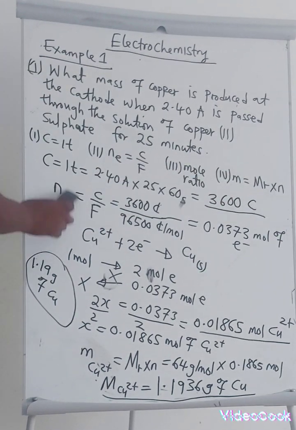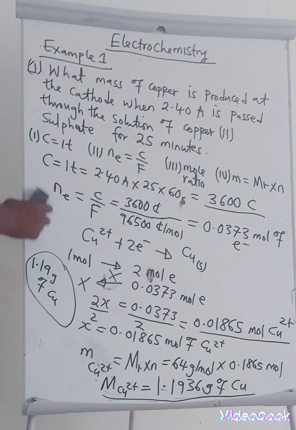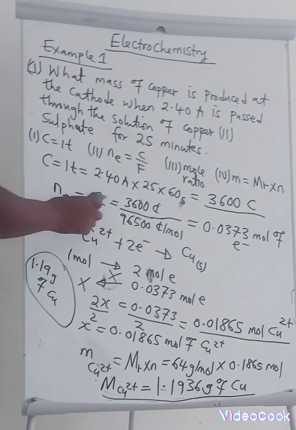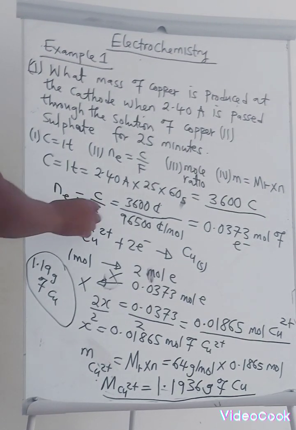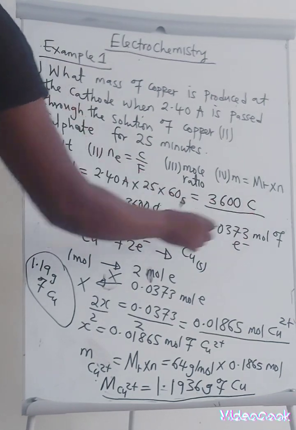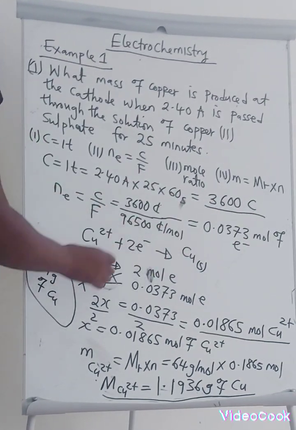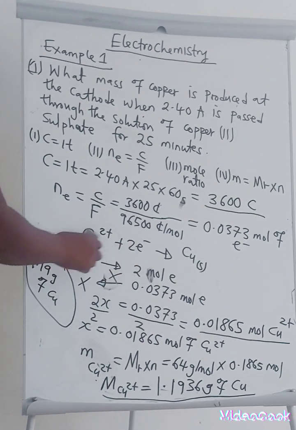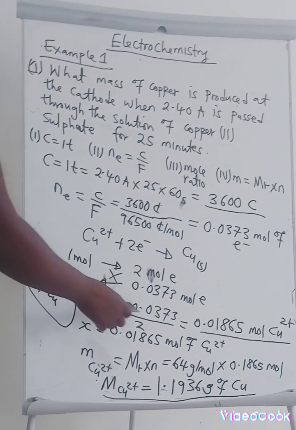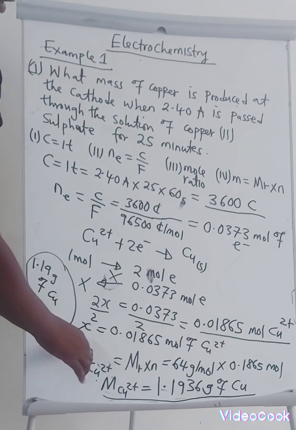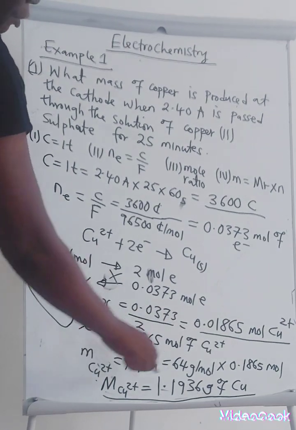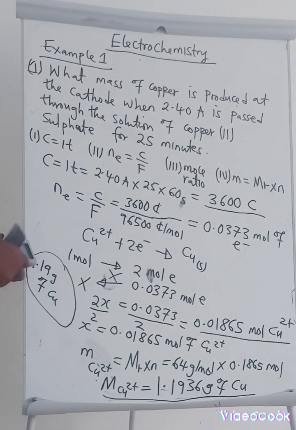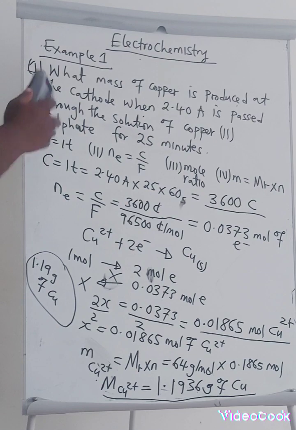The coulombs we changed to the number of moles of electrons. Then we compare the mole ratios, that is 2 to 1, electrons to copper. Then we get the moles of copper, which we multiply by the Mr of copper to get the mass. So we got to example 2.